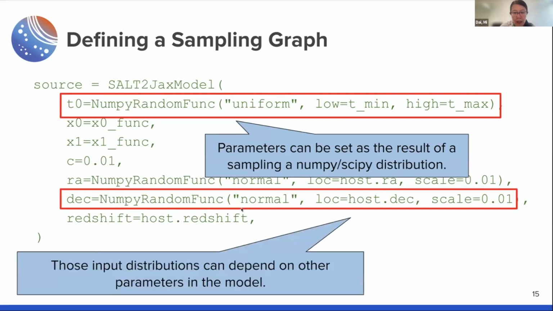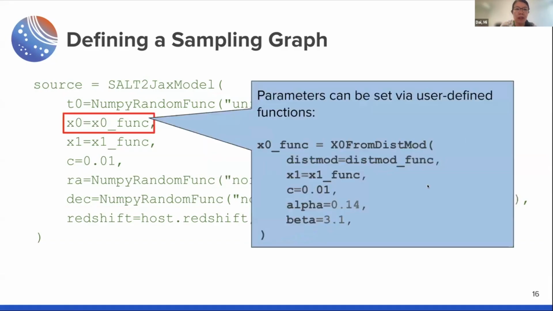The distribution can also depend on other parameters in the model. For example, if we define a host galaxy with its RA and DEC, we can define the location of the supernova as a Gaussian distribution around the center of the host galaxy RA and DEC with some scaling factor.